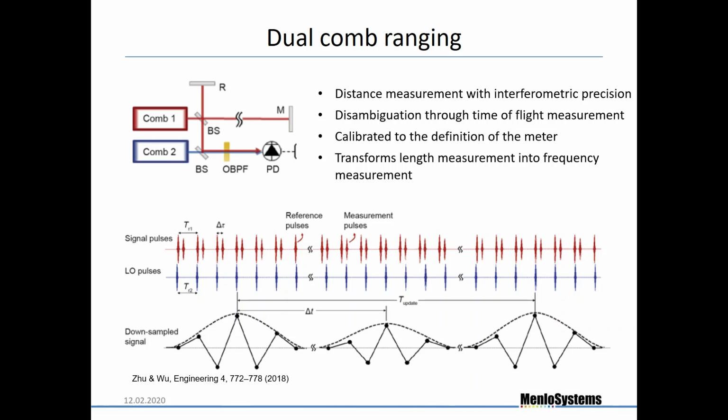We cannot very precisely measure a weight or a force or an angle. But if you can manage to turn this measurement of this other thing into a frequency measurement, then you win. Because frequencies are what we can measure most precisely, and then you can measure this other quantity with the same precision. And that's what we're doing here, and this is why we have really great precision in such measurements.